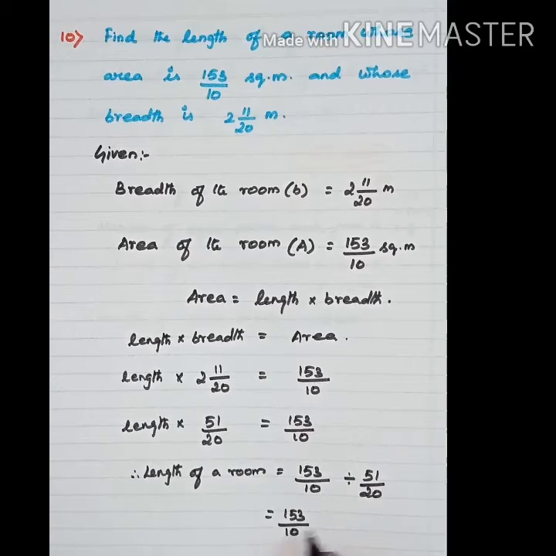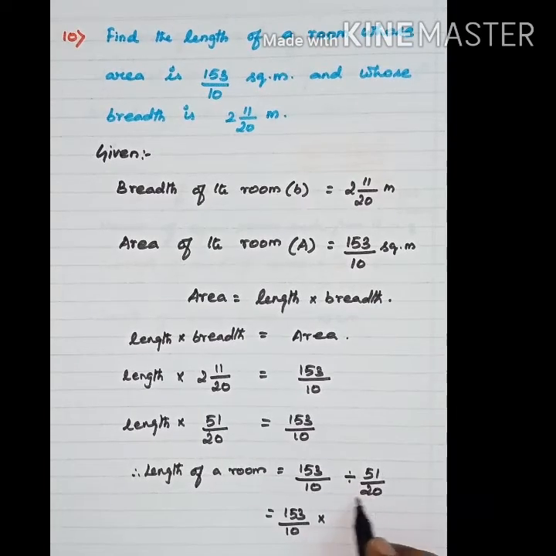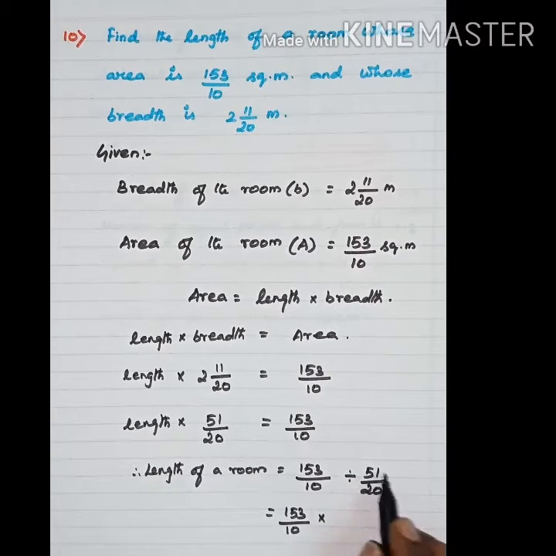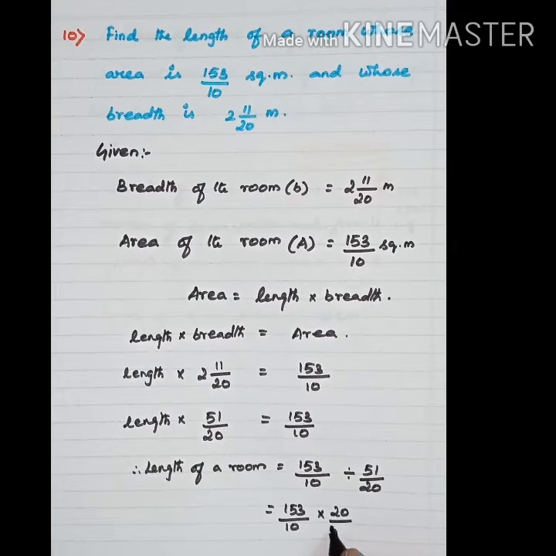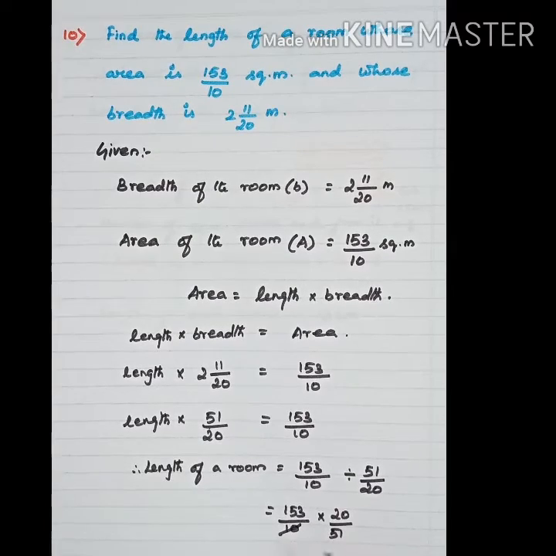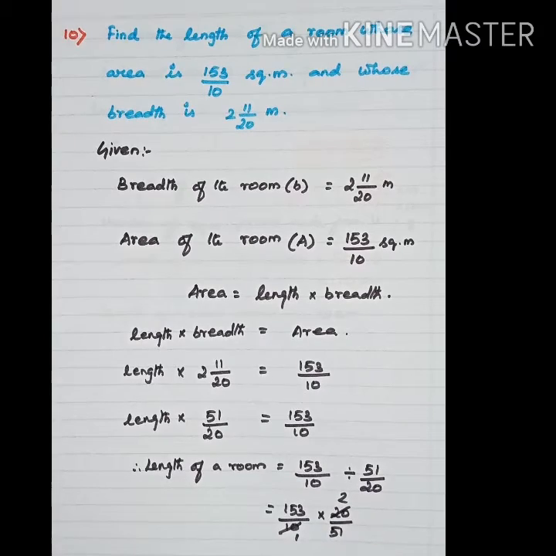The division symbol will convert it into multiplication. Take the reciprocal of the second rational number. So it will become 20 by 51. 2 tens are 20.